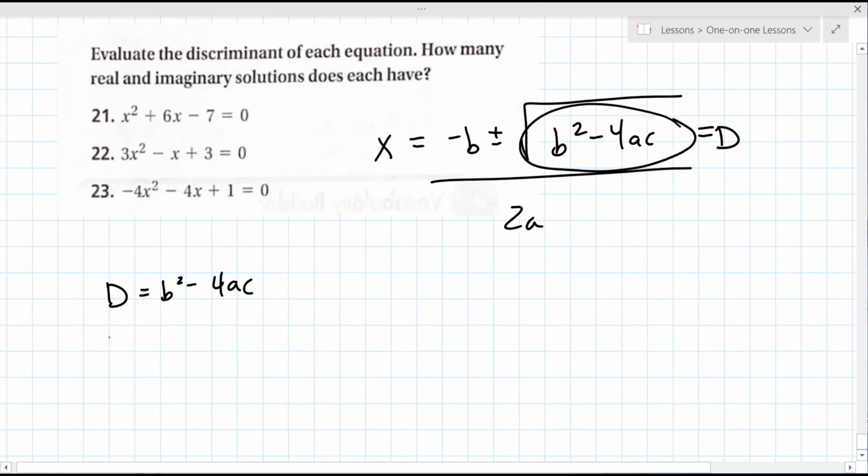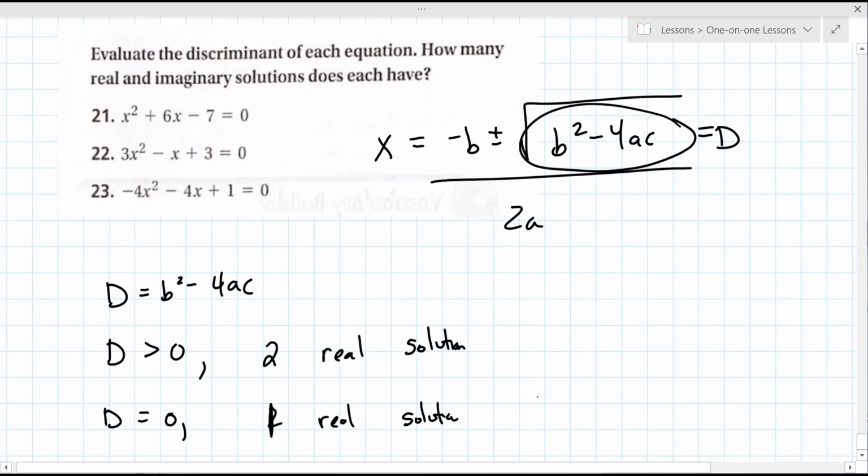There are three possibilities. The discriminant could be greater than 0. This means it has two real solutions. The discriminant could be exactly equal to 0, and that gives you one real solution. This is what's referred to as a double root. It's when it touches the axis.